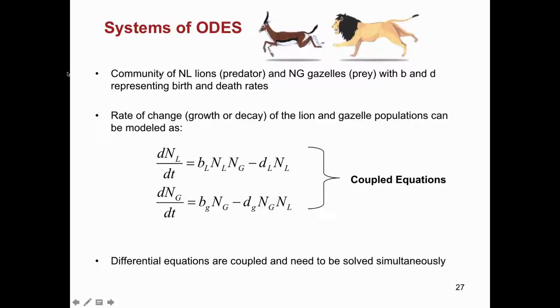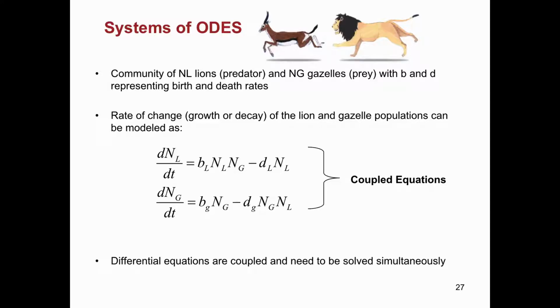Often you actually have multiple things depending on each other. A classical problem for that is the so-called predator-prey problem: the rate of change in the population of predators and prey, for instance here lions and gazelles, but you can take anything else.